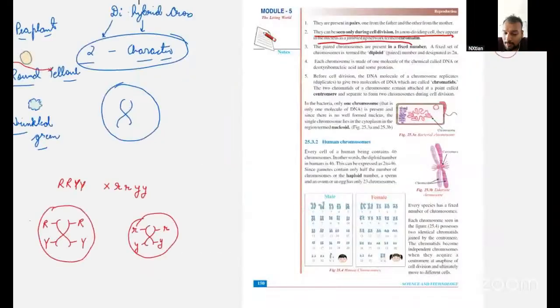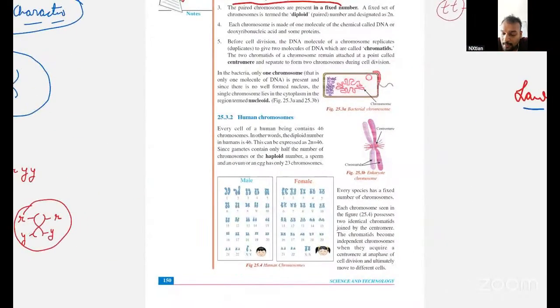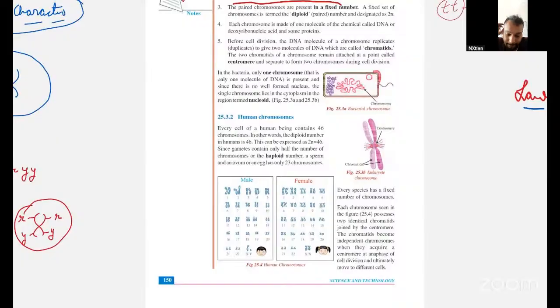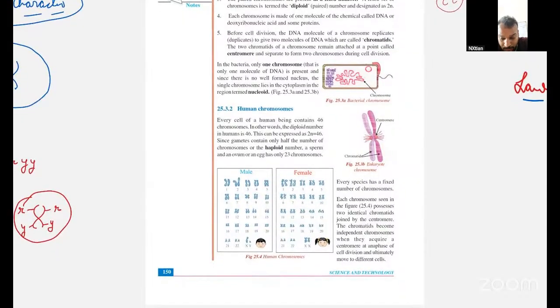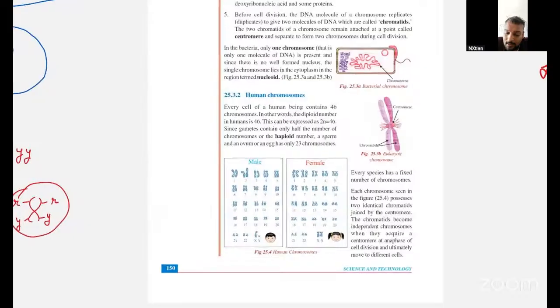Now we'll talk about the human chromosome. In the diploid number, it is 46 chromosomes. How 46? 44 plus X and Y, so it becomes 46.